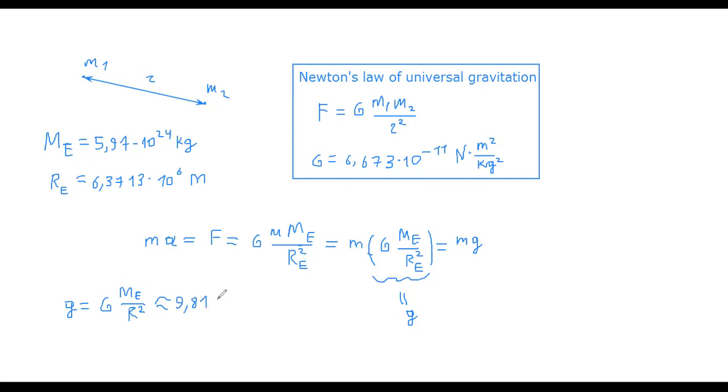Second exponent, and it is equal to 9.81 meters divided by seconds. I will write in this way: seconds in second exponent. Acceleration of free falling.